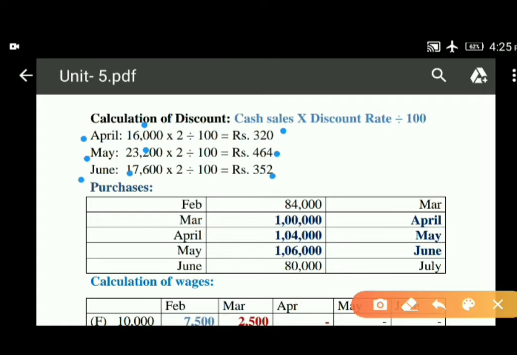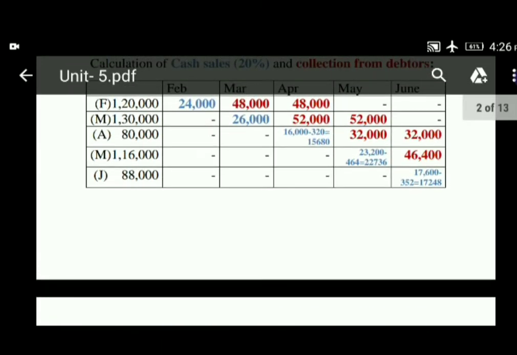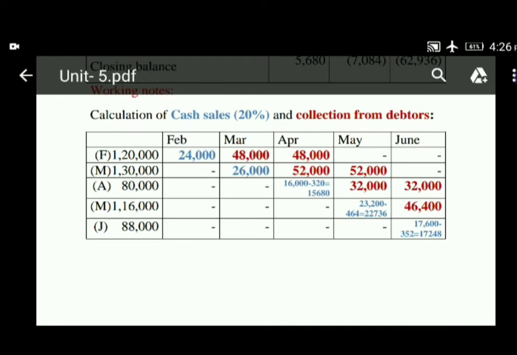So 320 discount in April, 464 in the month of May, and in the month of June 352 rupees. If we deduct this discount amount from the cash sales, then we get the actual cash sales. Now coming to the point here, in April 320 is the discount, in May 464, in June 352.